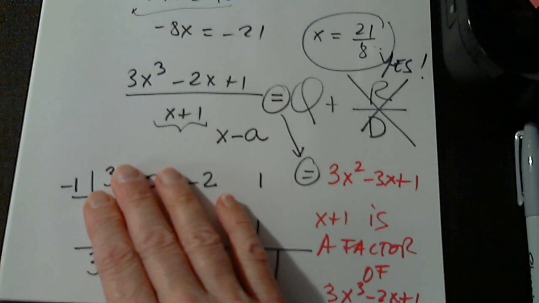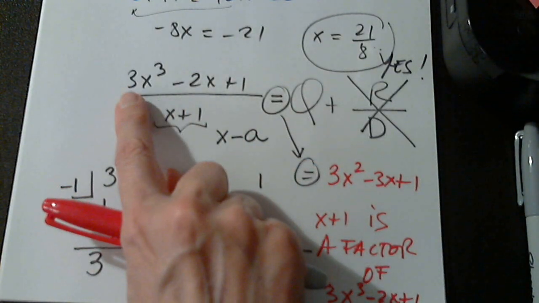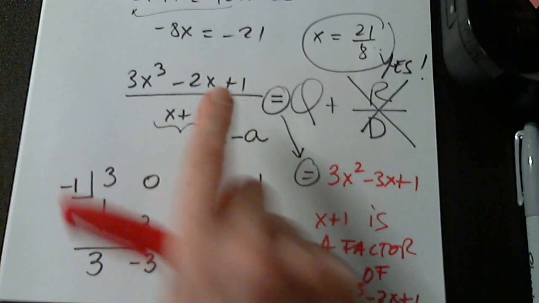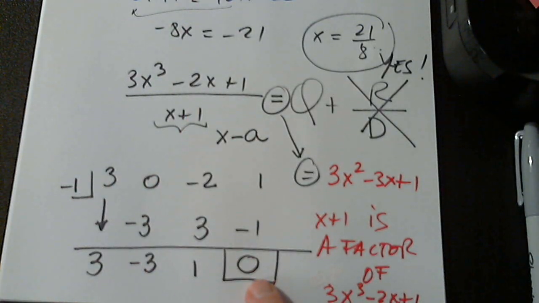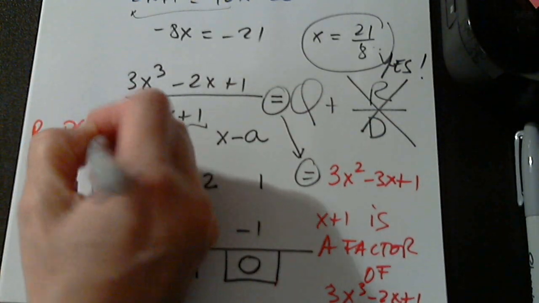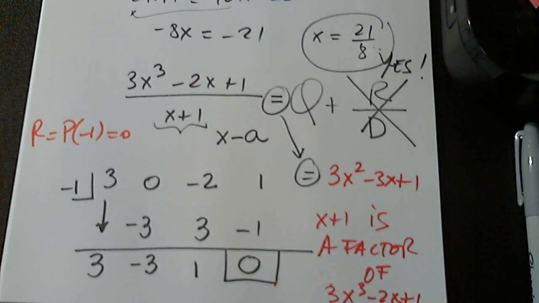So if I'm asked to find the remainder of this division, just plug in -1. 3 times -1 cubed minus 2 times -1 plus 1, you will get 0. So the remainder is the polynomial evaluated at -1, and we get 0. That's the remainder theorem.